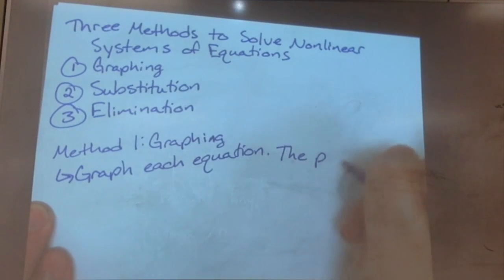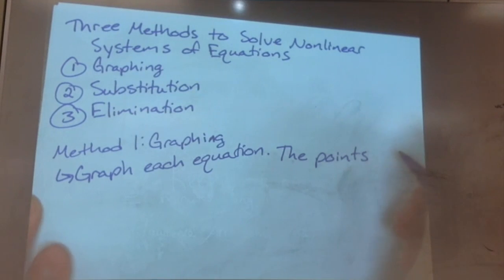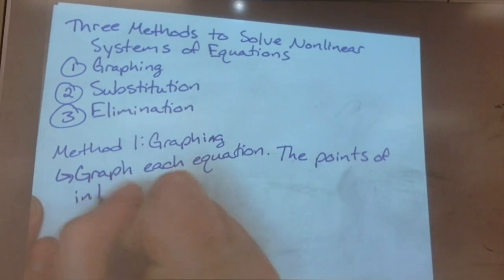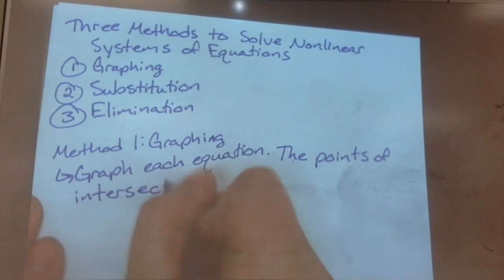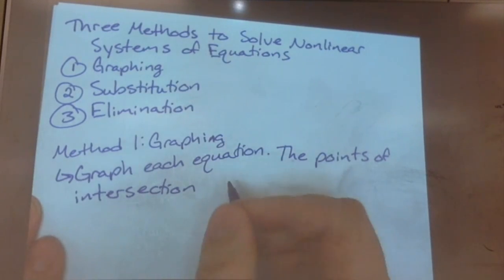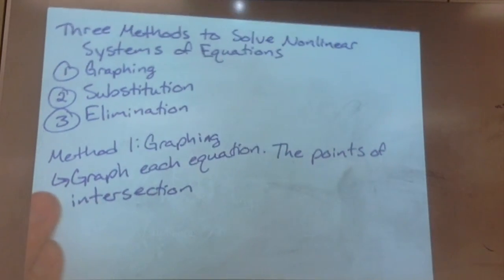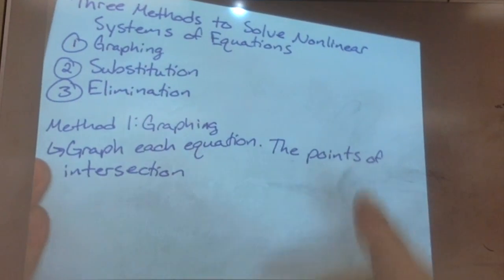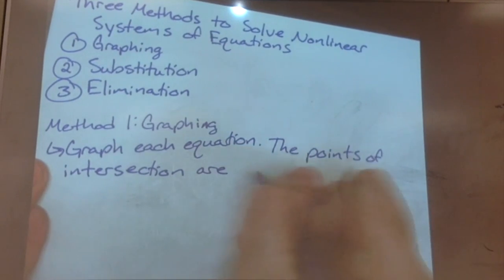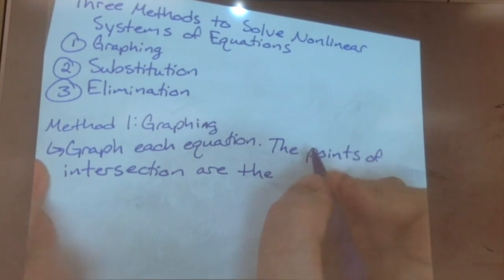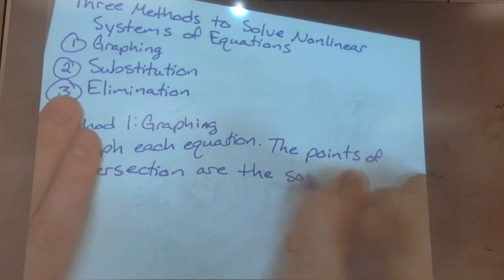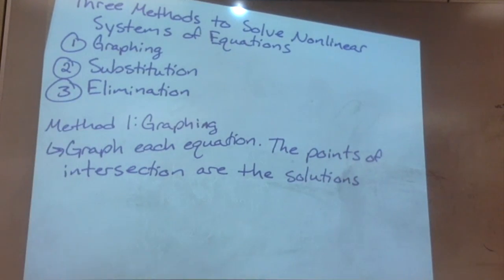The points of intersection, and I'm slanting up bad, the points of intersection, there we go, are the solutions. Which means that it is going to be super important for you to use graph paper and graph accurately.